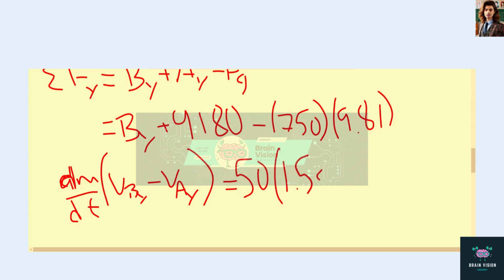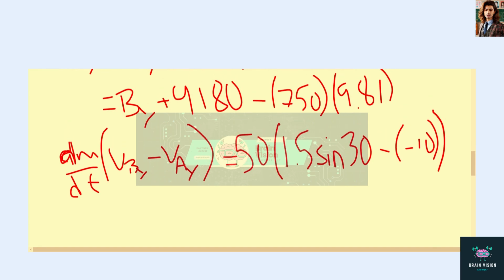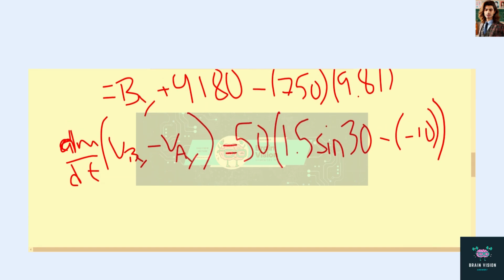Now we want the vertical component, so we're going to do sine of 30 degrees minus the negative 10, since the velocity at point A is acting down. So now we know both sides of the equation. So now it's just setting them equal to each other.